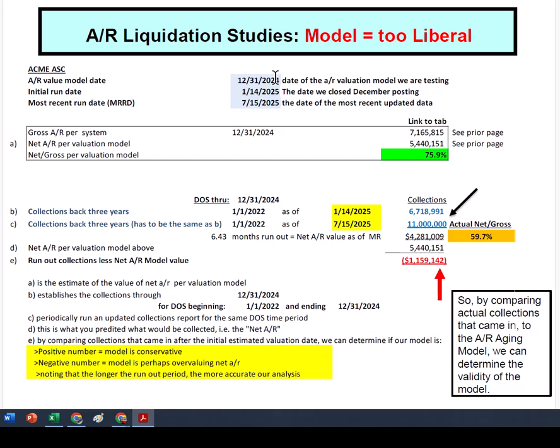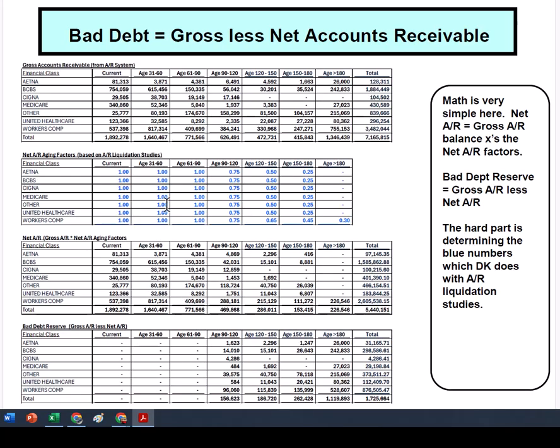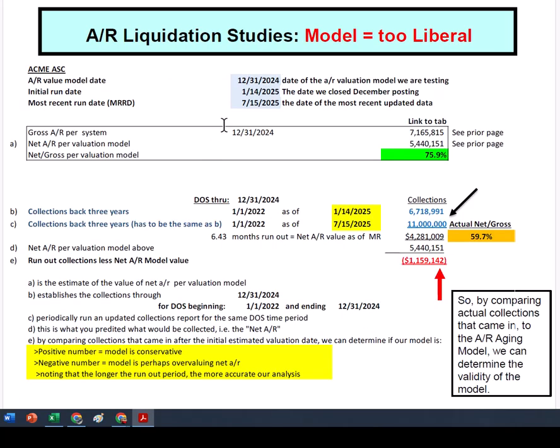At the end of the year, I record this, put this in a spreadsheet. My initial run date is the 14th of the following month, let's say January 14th, and that's just when we close December posting. So it takes a couple weeks to post all the charges in the system, right?